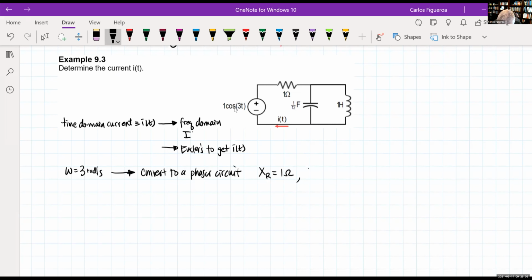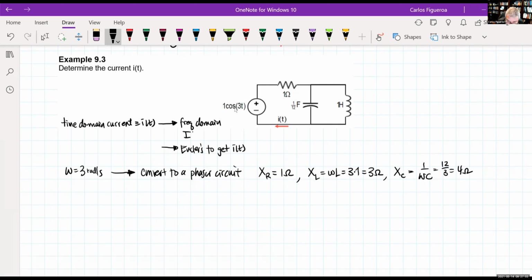X of L, which is omega times L, is 3 times 1, which is 3 ohms. And XC is omega over C, so if this is 3 and 12, then I get 12 divided by 3, which is 4 ohms. Okay?